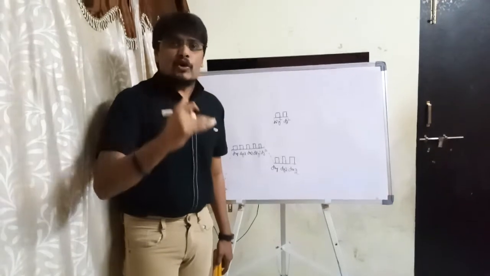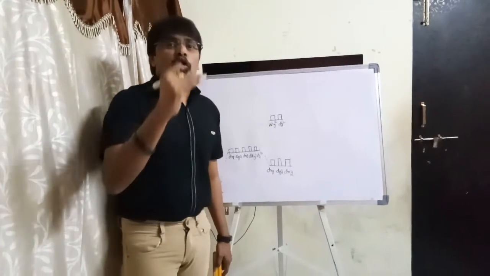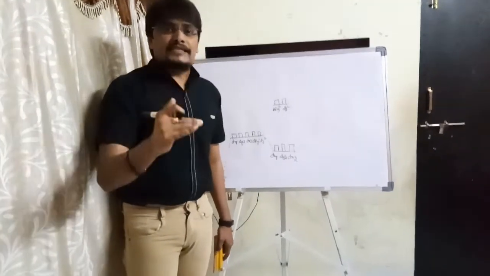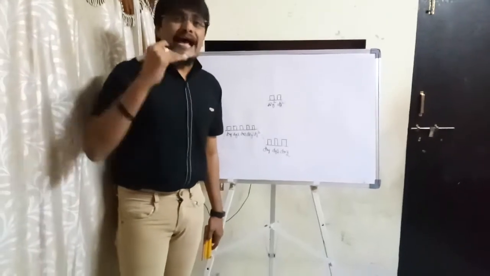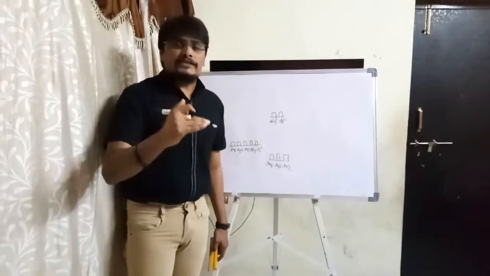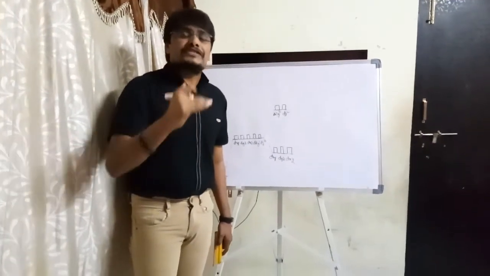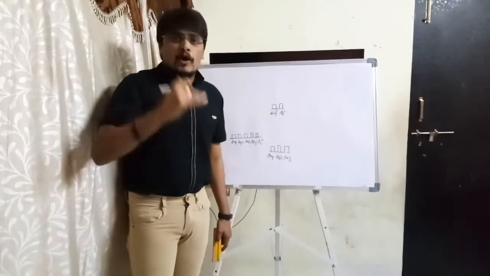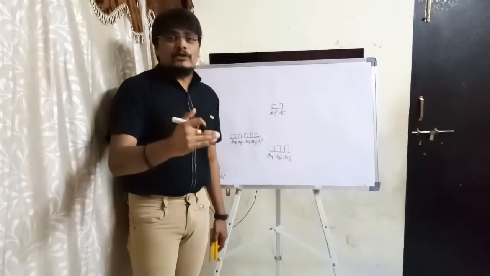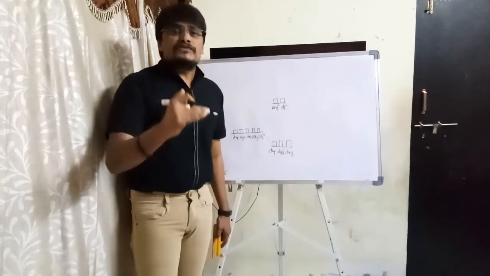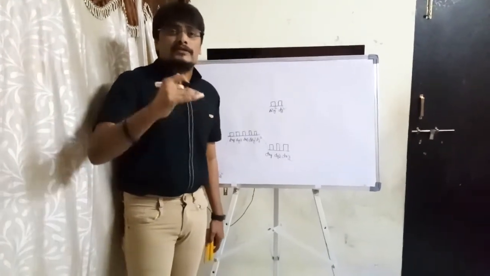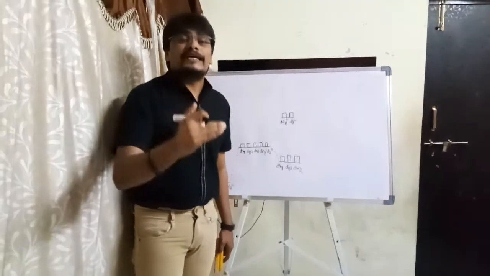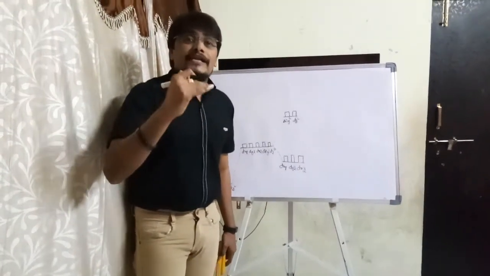Whatever d orbitals have lobes placed along the x and y axis will experience the maximum repulsion. What is that d orbital in which the concentration of electrons along the x and y axis is more? That is dx square minus y square.